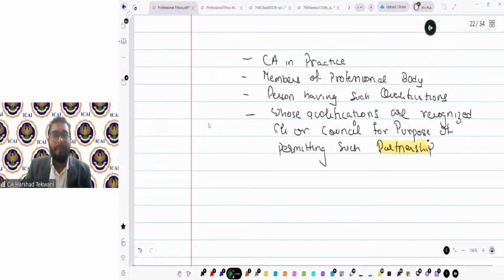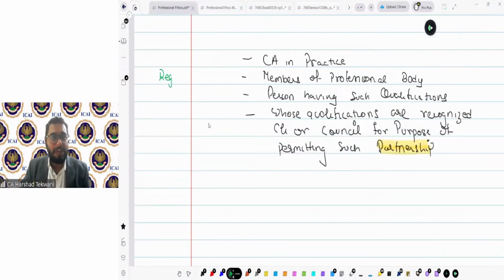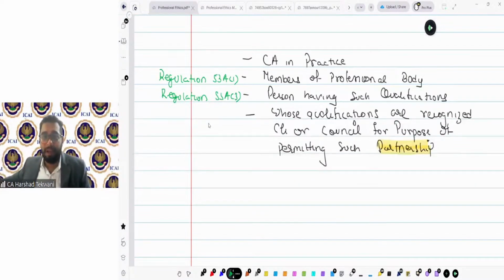But when I say member of a professional body, that is the same as Regulation 53A1. When I say person having such qualification, again I'll say Regulation 53A3. But when I say whose qualifications are recognized by the central government or council for the purpose of partnership, then there is a separate regulation, that is 53B, for the multidisciplinary partnership firm.